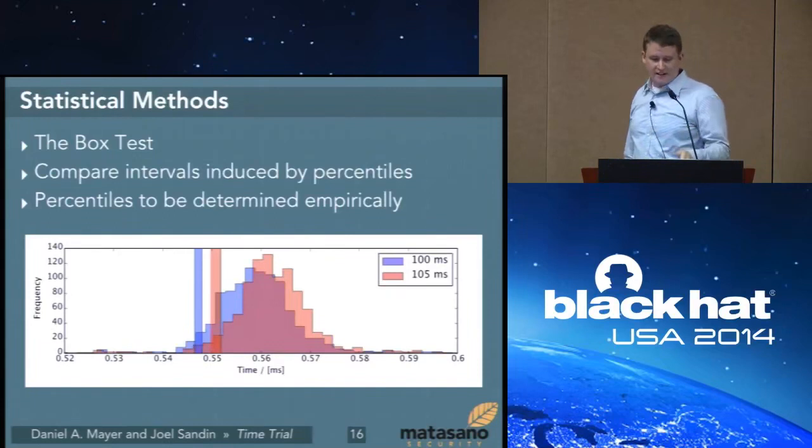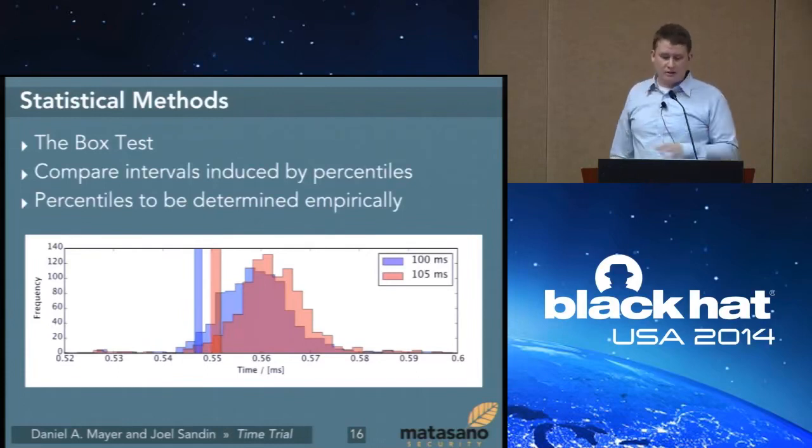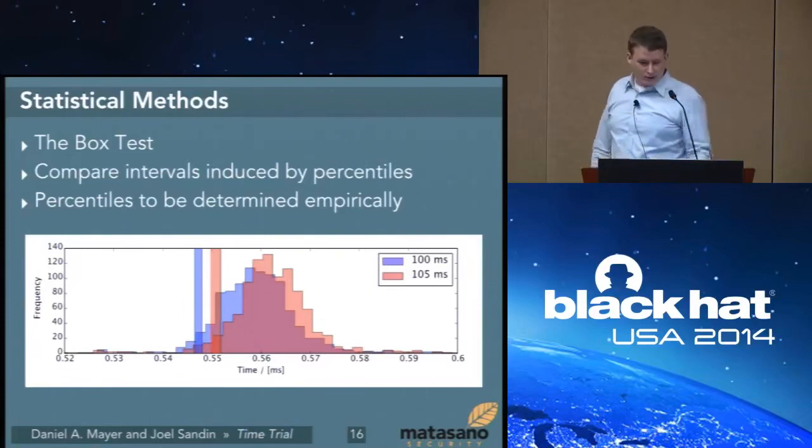Now if we add a second set of samples, a second distribution that we've sampled here, this corresponds to 105 millisecond execution time on the target versus 100 milliseconds for the blue distribution. The sampled responses correspond to that execution time, and we draw this same box here.